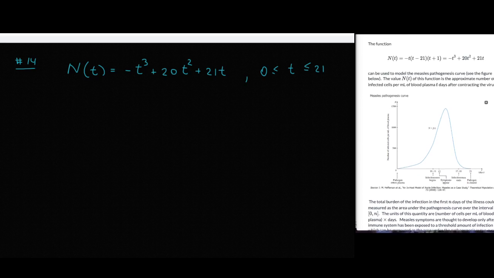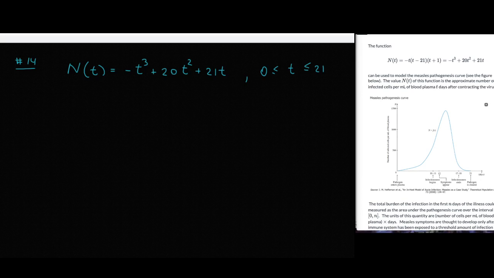Since we're given the equation for this curve, n of t equals negative t cubed plus 20t squared plus 21t, we can calculate that threshold burden as the integral from 0 to 12.